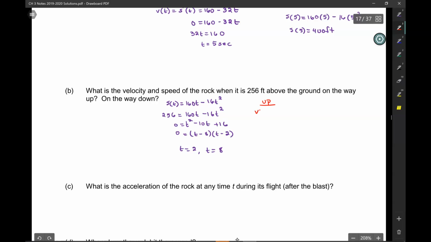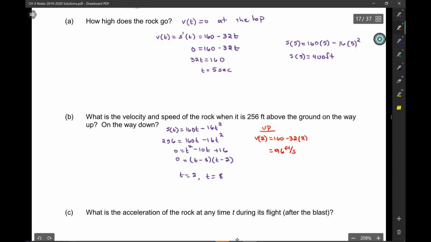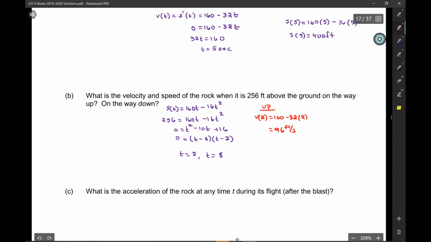So it's 160 minus 32 times 2, 96 feet per second. No, this is the velocity. The velocity, v of t. And then the speed is the absolute value of this, so 96 feet per second.